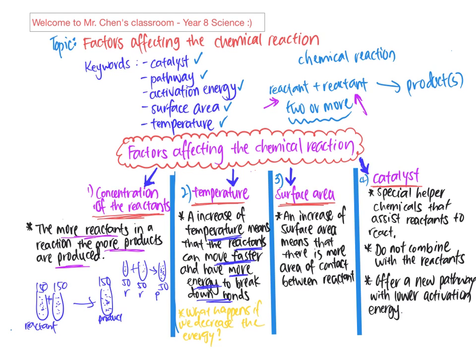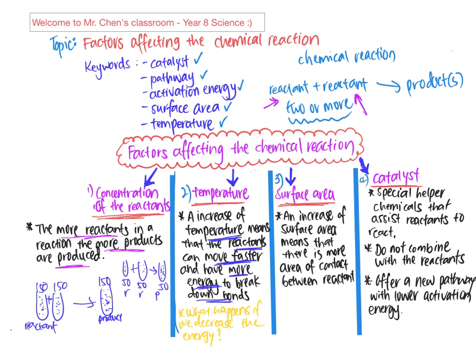We have done this practical before with the hydrogen gas, one at room temperature and the other one I set with 50-degree warm water. What we found was the warmer it is, the higher the temperature of the solution, the quicker the hydrogen was formed.